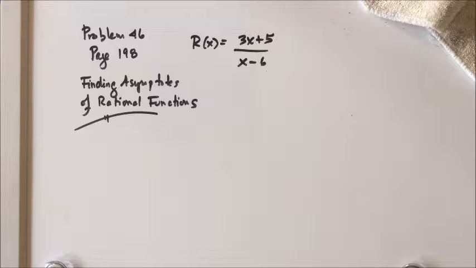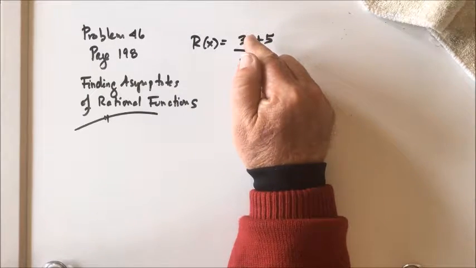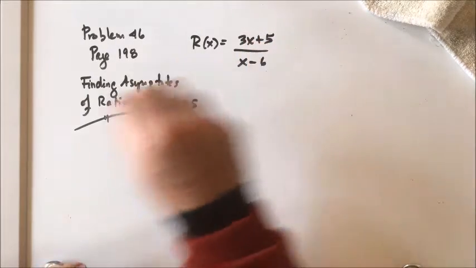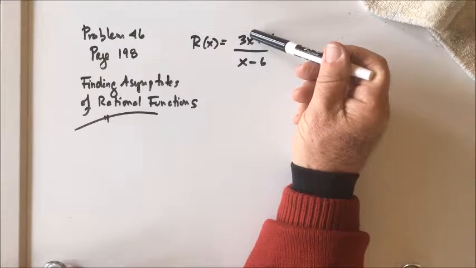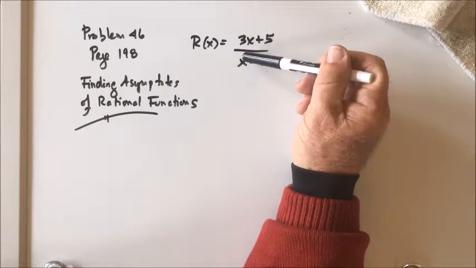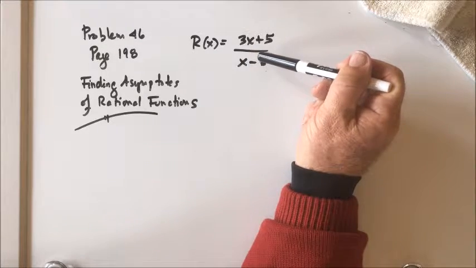It's entitled Finding a Horizontal or Oblique Asymptote of a Rational Function. There's an entire set of rules in that box, and they involve comparison of the degree of the polynomial in the numerator to the degree of the polynomial in the denominator.